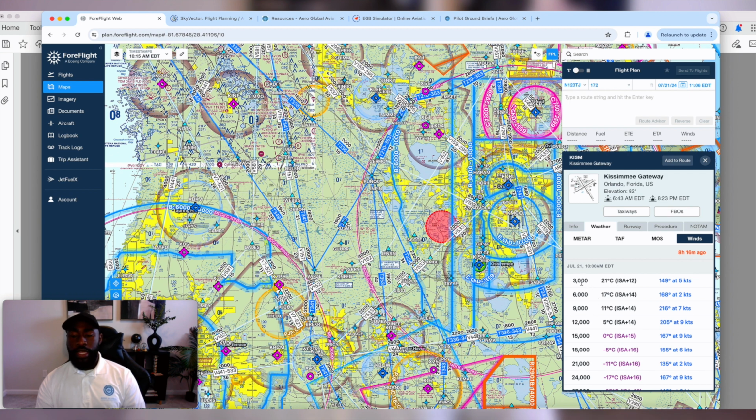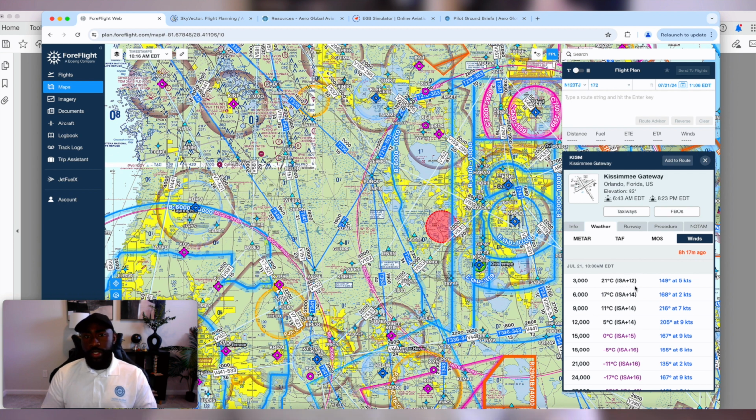If we're flying at 4,000, we see 4,000 is not shown here. It just goes from 3,000 to 6,000. Because 4,000 is closer to 3,000, I'll use the numbers associated with 3,000 for my calculations. It tells me at 3,000 feet, within this area of this airport I'm looking at, it's 21 degrees and ISA plus 12.